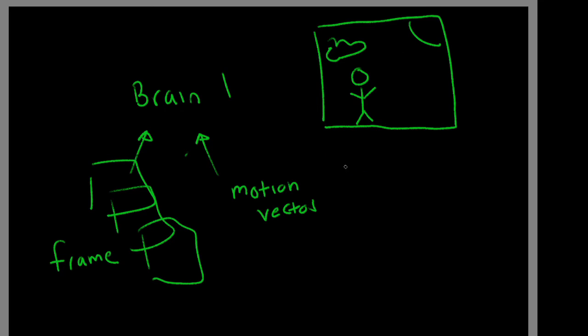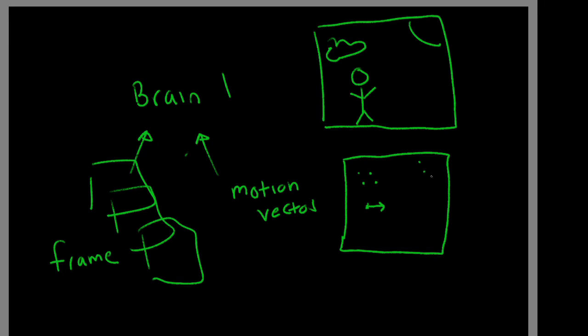And then we actually also pass basically a vector field from calculus. It's essentially another image, you can think of it, of the same size as the original frame. But instead of the pixels and the image itself, inside this grid, we actually just have motion vectors. So essentially, where the person is, there'll be a little vector to the right. The cloud will just be a bunch of points because the cloud won't move.